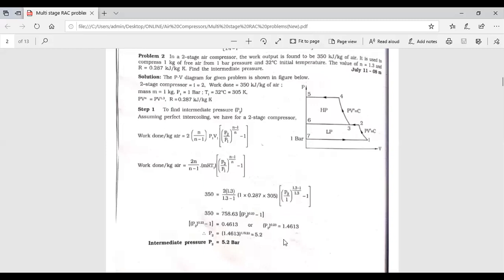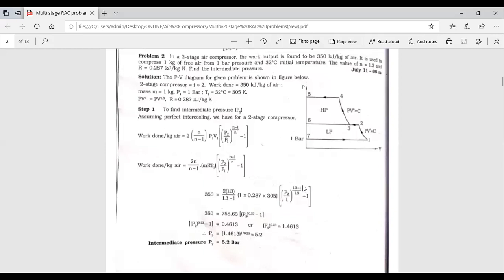Sir, why is it 0.23? This one you are having power, right? You are observing, right? 1.3 minus 1. So after simplifying, 0.3 divided by 1.3 is nothing but your 0.23. Just you remember, this is the value.